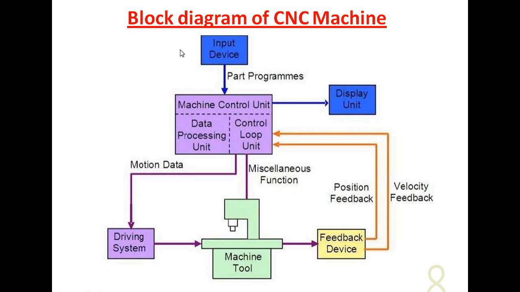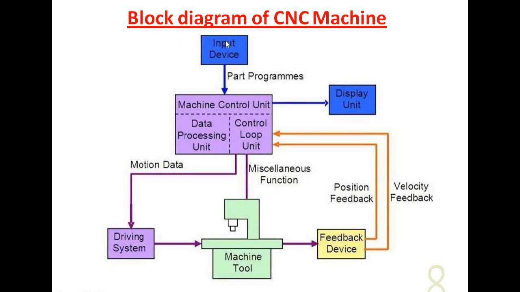So what is the exact block diagram of CNC machine? This is the block diagram of CNC machine, where the machine can be controlled by a series of numbers and letters, that is input device, which is in the form of a coding.